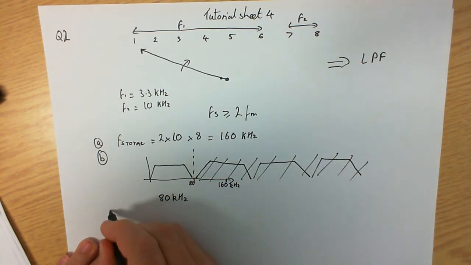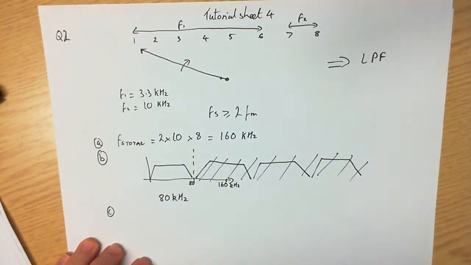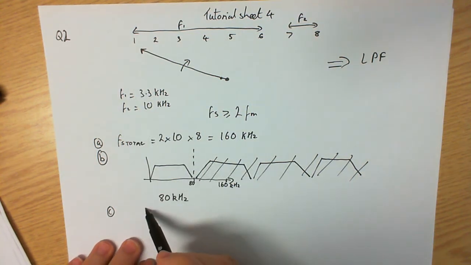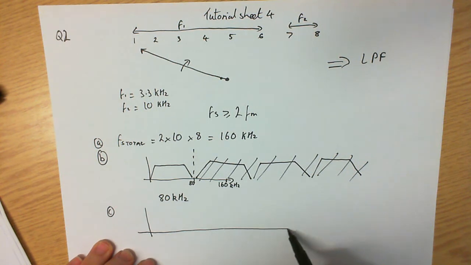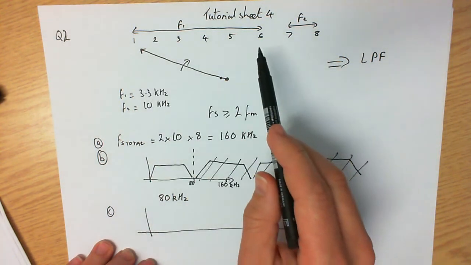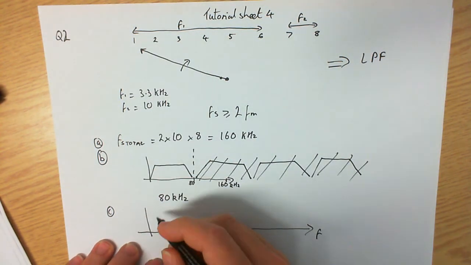Part C says, what would be the minimum bandwidth requirement if the data signals were to be frequency multiplexed using single sideband? So if we were to look at this as a frequency multiplexing system, now of course we've got 6 signals which each have 3.3 kilohertz.